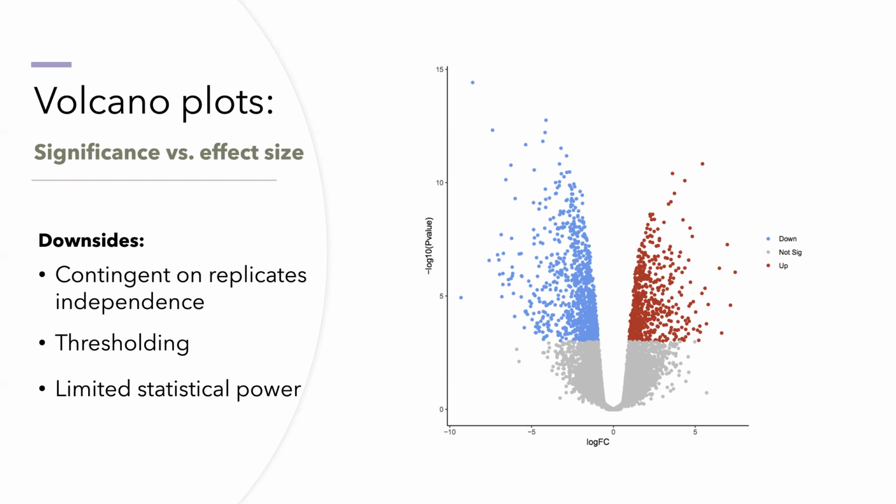Another problem with volcano plots is the somewhat arbitrary thresholding, where data points are considered significant above a threshold and insignificant below that threshold. And furthermore, there can be very many proteins that are differentially abundant that are simply not identified as differentially abundant because we did not have enough statistical power.